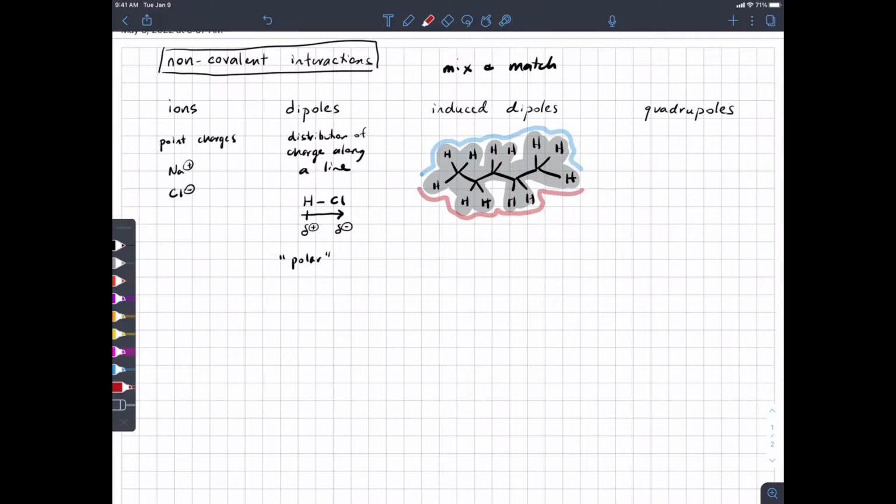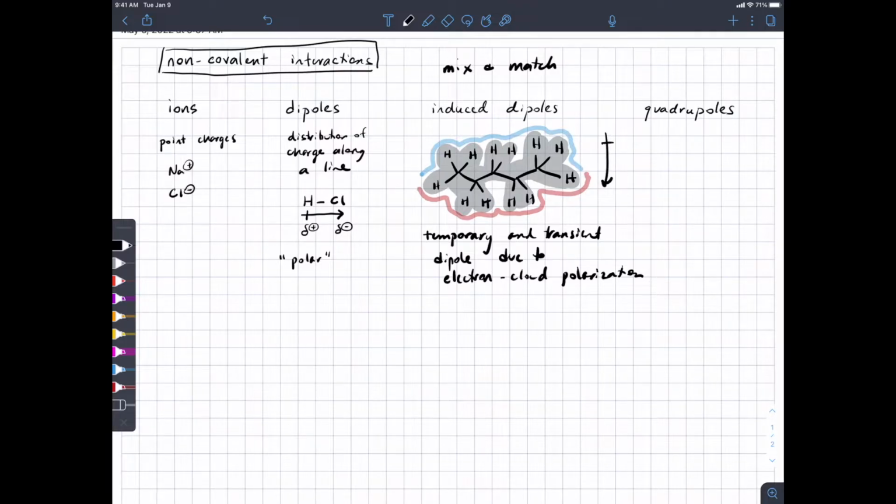This is a temporary and transient dipole due to what we're going to call electron cloud polarization, which simply means the electron cloud is leaning a little bit towards one side.